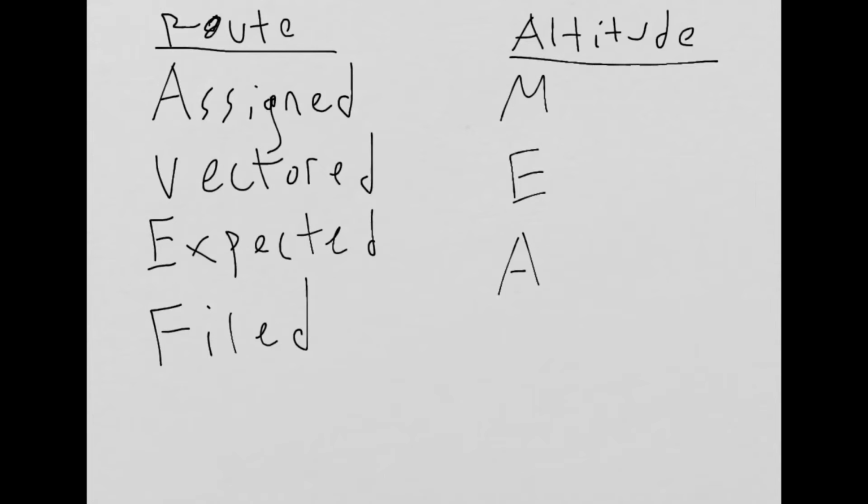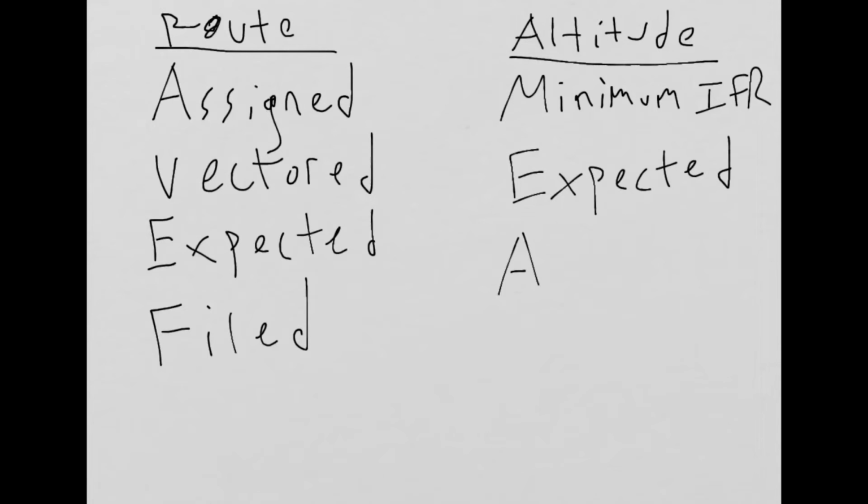M is your minimum IFR altitude. E is expected. And A is assigned. And you're going to fly the highest of those.